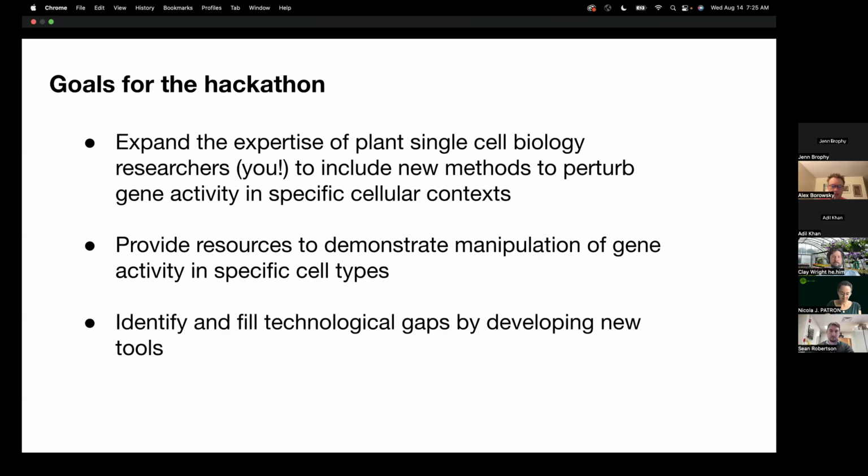And then finally, there are certainly some technological gaps for plant synthetic biology. If we're talking about building a circuit for your problem, and you realize, well, exactly what I need doesn't exist right now, it would be really cool to come up with a new idea to demonstrate a new type of circuit or a new tool. And I think that's it for me.